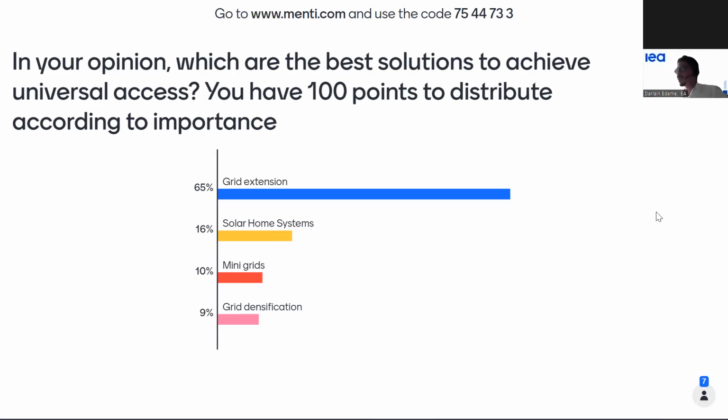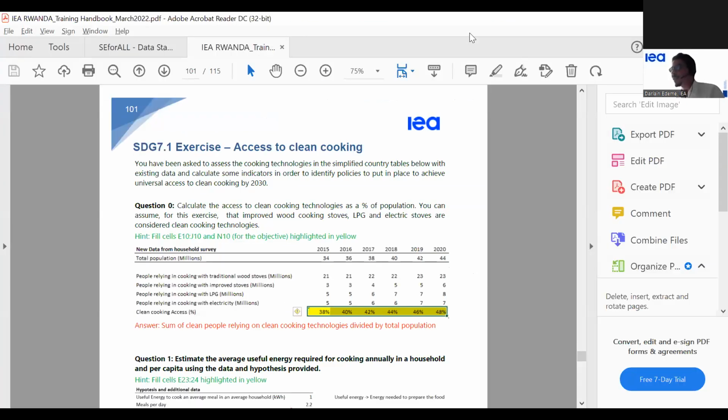So this was it. Before moving to the second part, which, as I said, is focused on access to electricity, I wanted to have a look with you at the exercise we have for today's lecture.